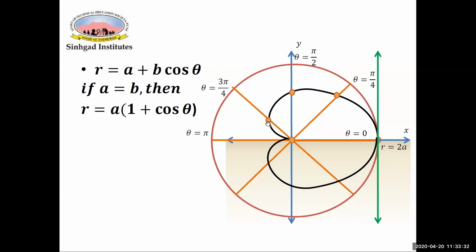And at pi, it gradually goes on decreasing and becomes 0. So this way, your radius vector starts at distance 2a from theta equal to 0 and goes on reducing its distance from the pole and touches the pole at theta equal to pi. So this is the curve between theta equal to 0 and theta equal to pi.